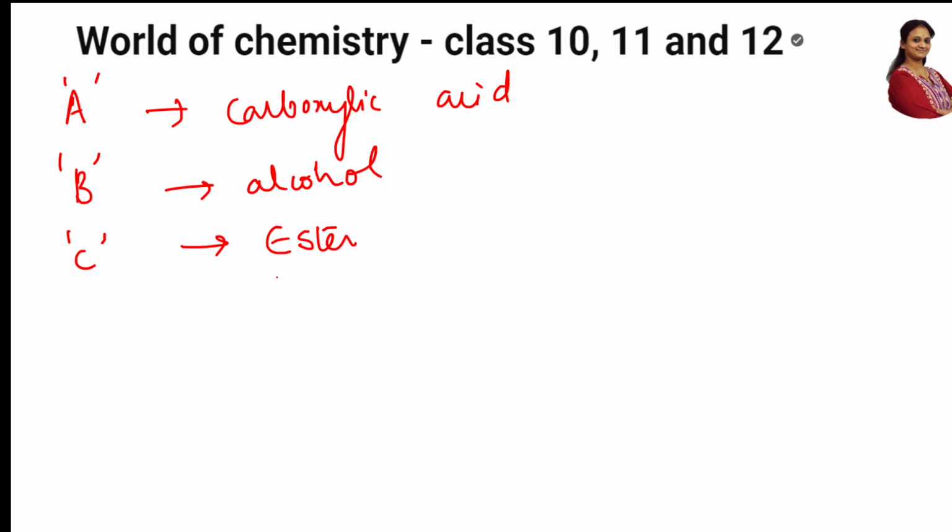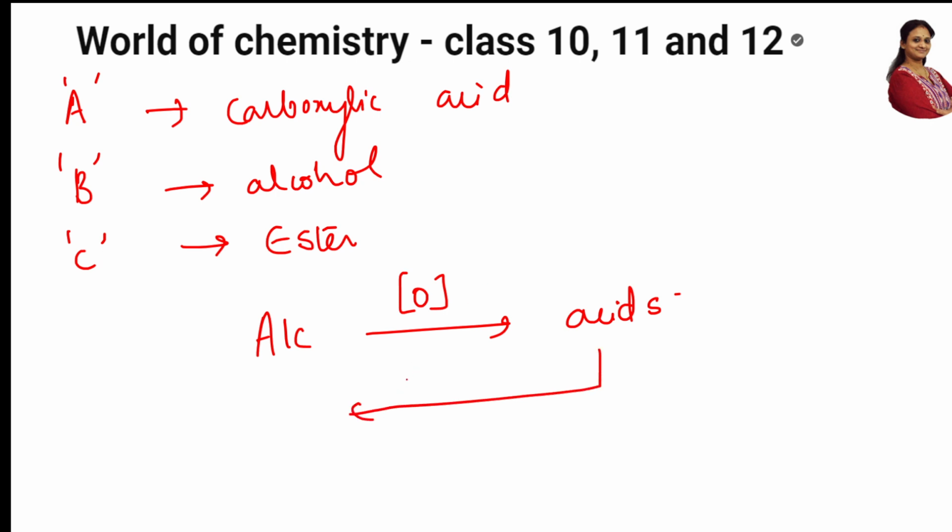Just see. All I know is one thing, that alcohols on oxidation give me acids, via aldehydes and then acids. Correct? Then acids, when you are using a reducing agent like lithium aluminum hydride, here KMnO4, you will get again your alcohols. Now see, students.